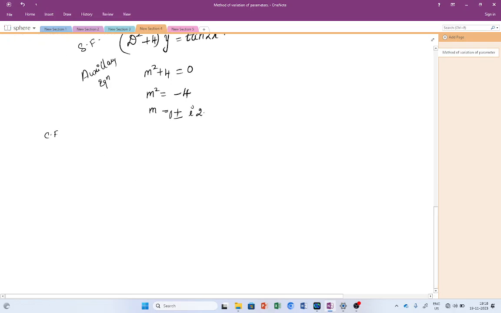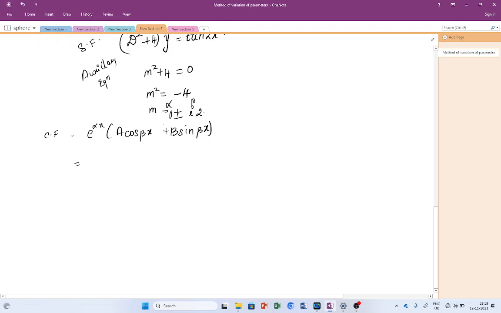So your complementary function, I'll write the general form first. It is e power alpha x, a cos beta x plus b sin beta x, because you have imaginary roots, you go for case 3. This is your alpha and this is your beta.